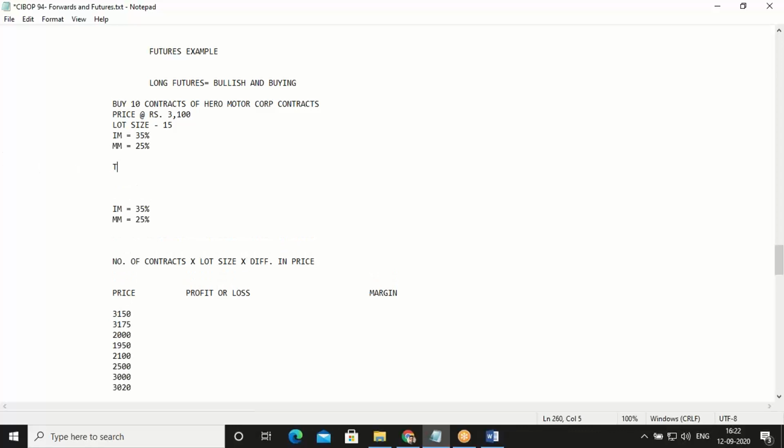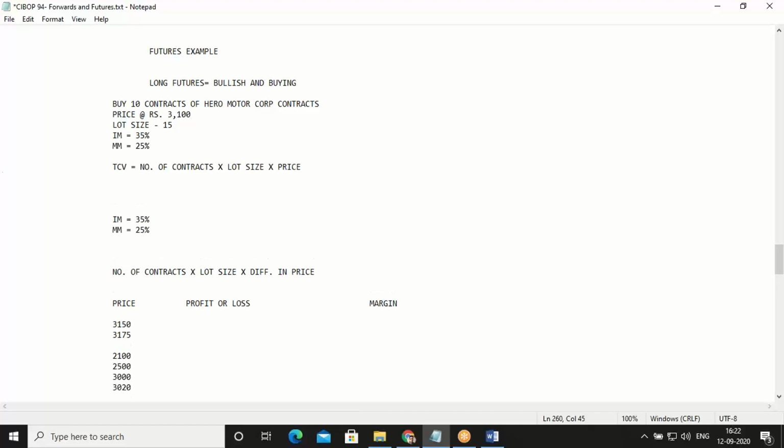So what we need to figure out first is the total contract value. What's the formula for total contract value? Number of contracts into lot size into price.